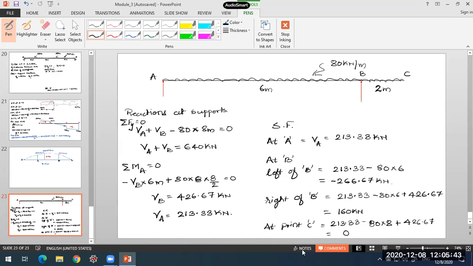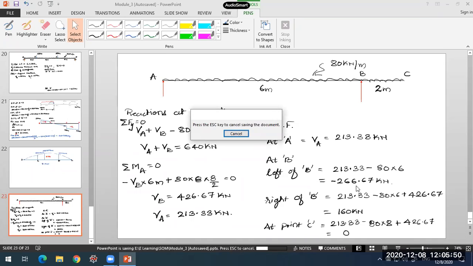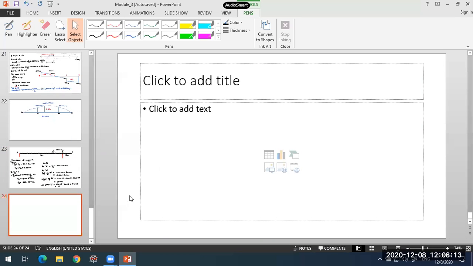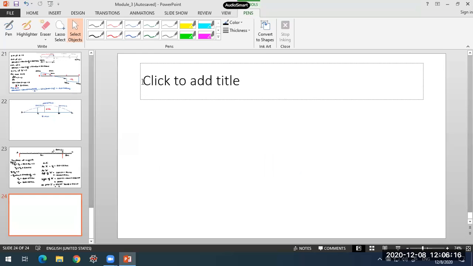Does it come to 0 or no? Yes, free end, 0. Here I don't have any concentrated force applied at the free end, so it has to reduce to 0. If not, it will be equal to the concentrated load acting at that point, right? So now what about the bending moment values?